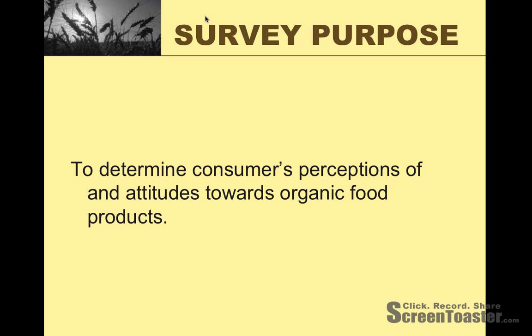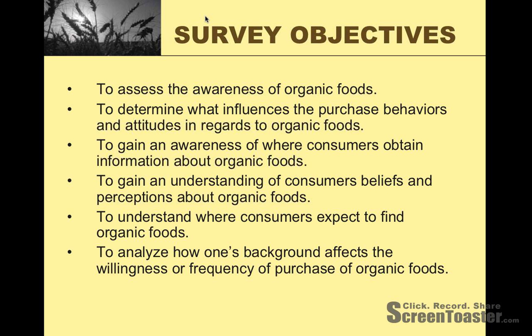So the purpose of our survey was to determine the consumer's perceptions and attitudes towards organic food products. So we had a bunch of objectives that we needed to survey, and one was to assess the awareness of organic foods. The second was to determine what influences the purchase behaviors and attitudes in regards to organic foods.